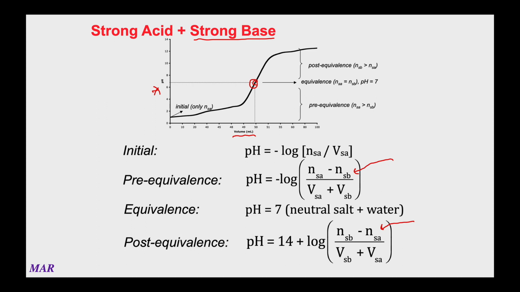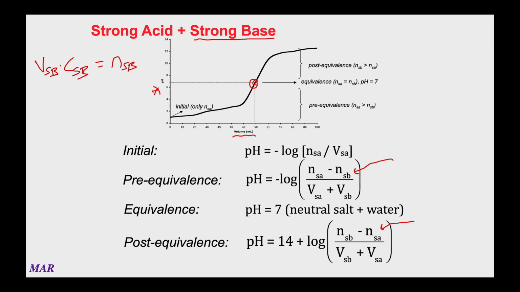That's the x-axis. And then remember that volume of a strong base times concentration of strong base equals moles of strong base. So if you know the volume in liters and you multiply it by the concentration of the strong base, moles per liter, that's going to give you NSB, the moles of strong base. And that's what you'll do on these different problems.